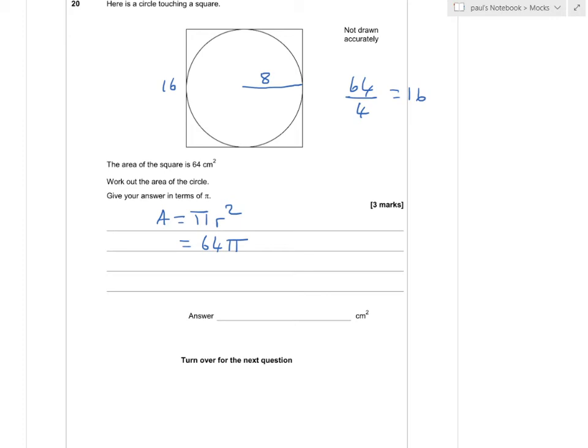Have I done too many pies? That's work out the area of the circle. I thought that's right, unless they've tricked me. They tricked me.